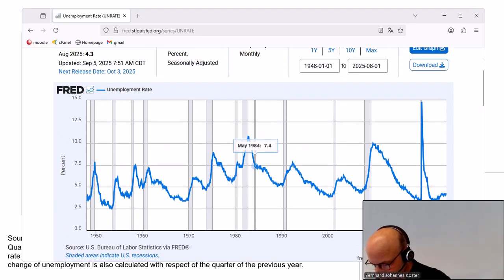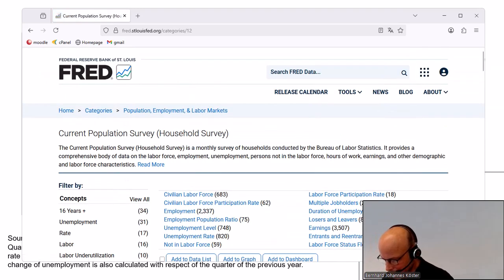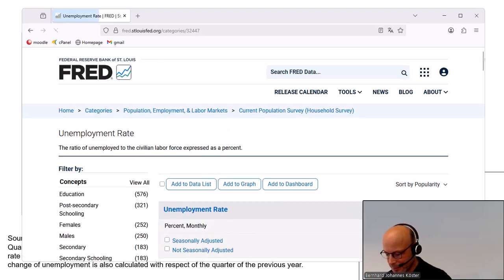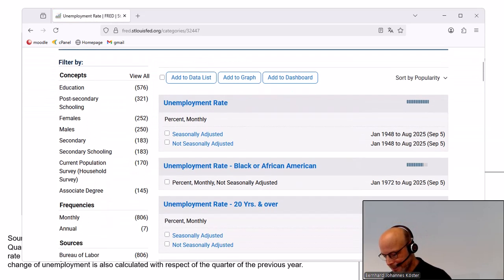Yes, because then I also thought, okay, I go a little bit deeper directly into the labor statistics. Here I find 820 time series of the unemployment rate. My hope was that I would find quarterly data. But actually, I went through it yesterday in the evening and I didn't find it.